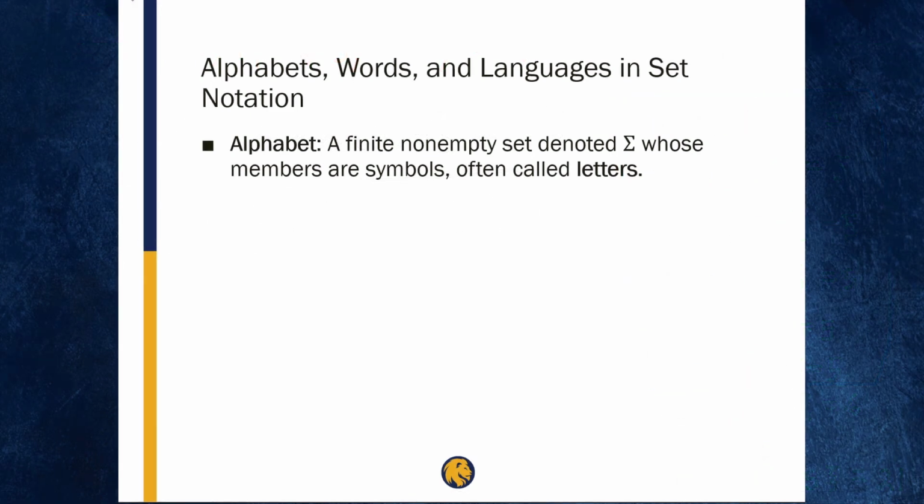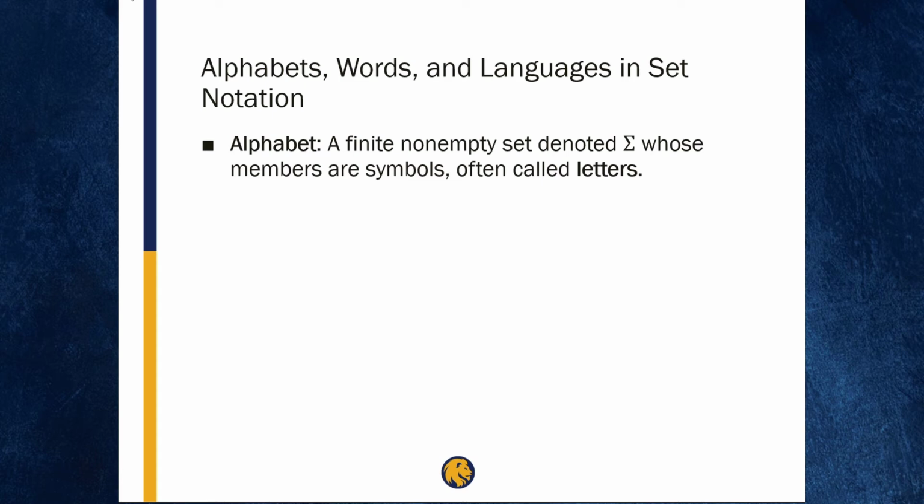Another concept we'll discuss because it generalizes ideas and uses set notation is alphabets, words, and languages in set notation. There's a very specific definition here using sets for alphabets. It says a finite, non-empty set denoted by here capital sigma, whose members are symbols, often called letters.